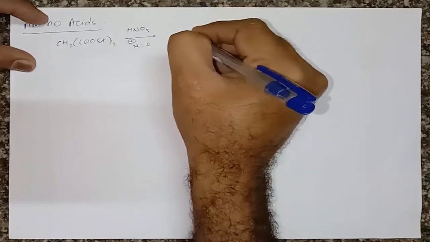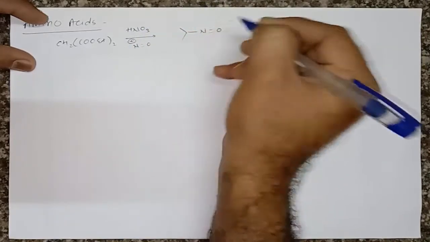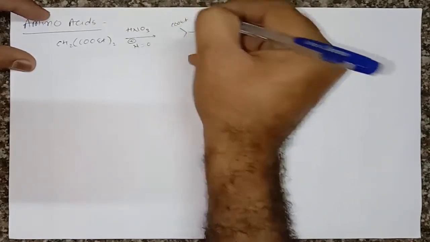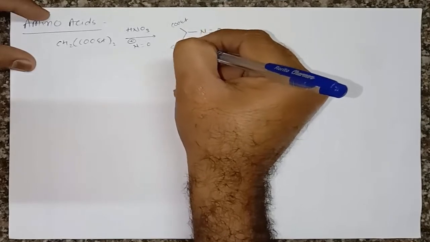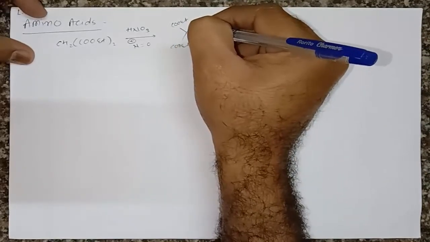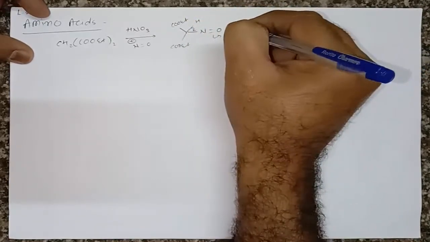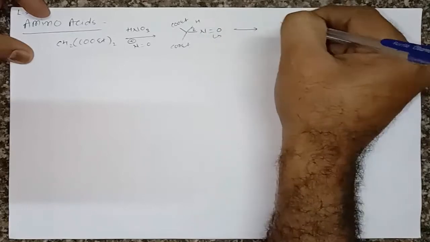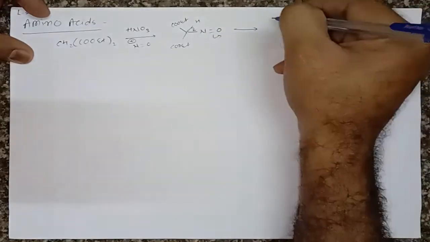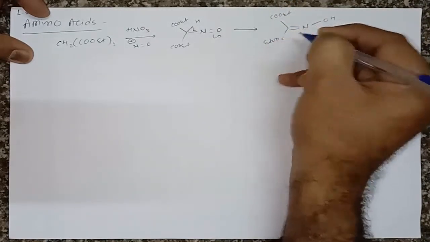Initially it can give a nitro compound of such an ester, COOEt, containing an alpha hydrogen, and when this alpha hydrogen is replaced it gives the formation of an oxime, and the remaining part will be the same, COOEt.